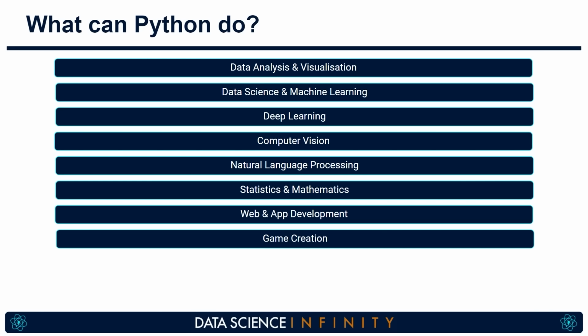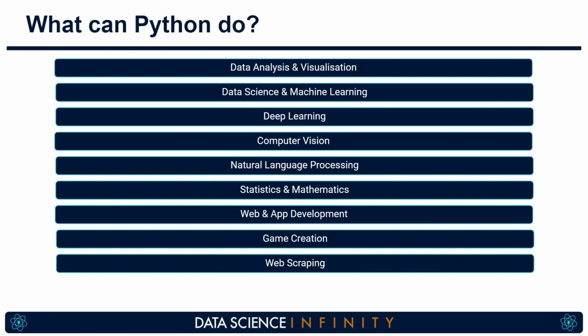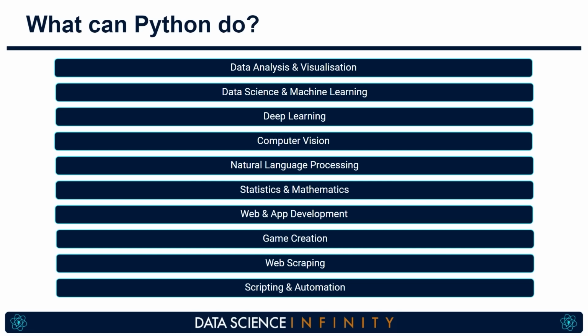How cool is that? We can also scrape data from websites and social media platforms for us to analyze at our leisure. And of course, as Python is a programming language, we can automate and script any inane tasks that we find are taking up too much of our time. As I say, it is an extremely versatile language, and I guarantee you are going to grow to love it.